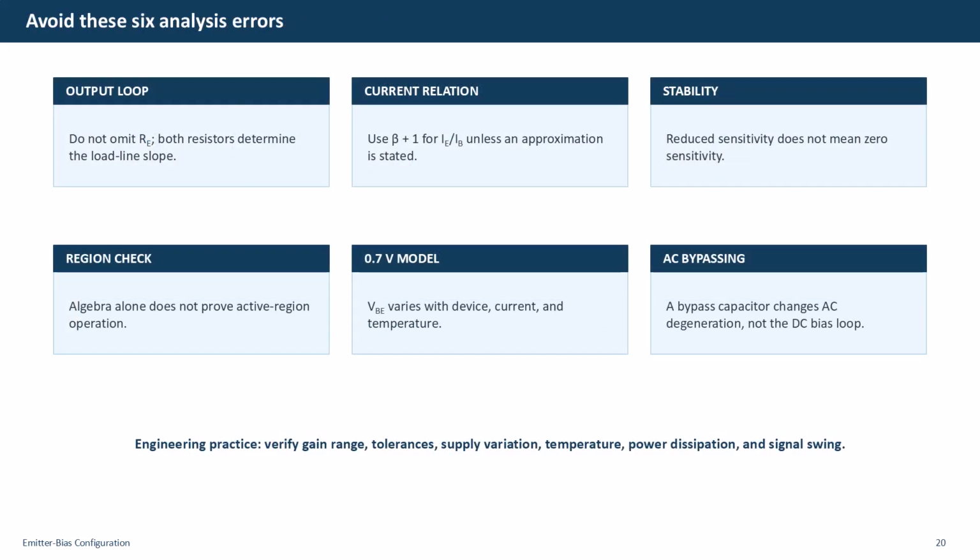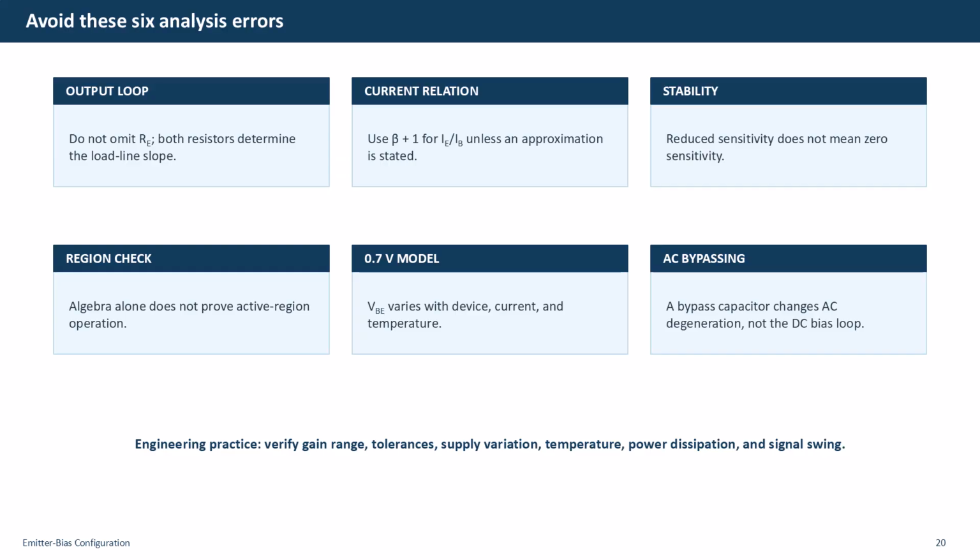Six errors occur repeatedly. First, do not forget the emitter resistor in the output loop. Second, use beta plus 1 for the exact emitter to base current ratio and state any approximation. Third, do not interpret improved stability as complete independence from beta.